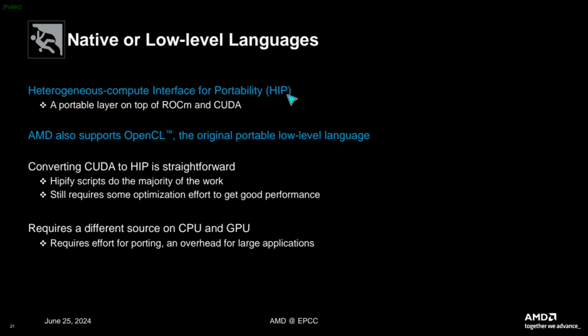If you program to HIP, you can run on either NVIDIA or AMD. And as I said at the outset, we're committed to portability, and you can see that right here. And why do we have this kind of design in our software?